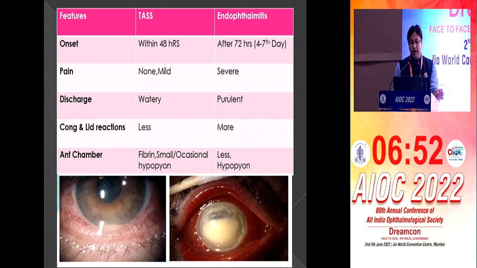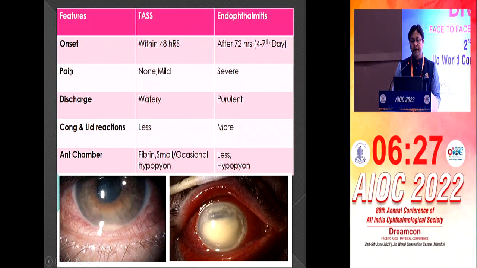So for these two conditions, here is a simple chart. In TAS, the onset is within 48 hours and endophthalmitis is usually 4 to 7 days. Sometimes a delayed endophthalmitis can occur after 3 or 4 weeks, with fungal or another etiology. But one important difference is onset.